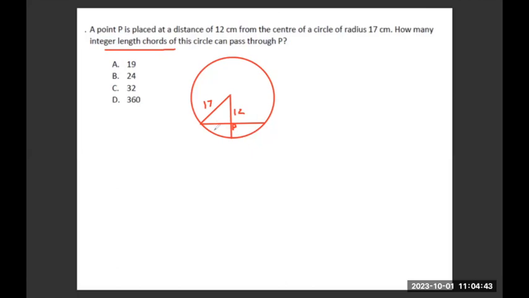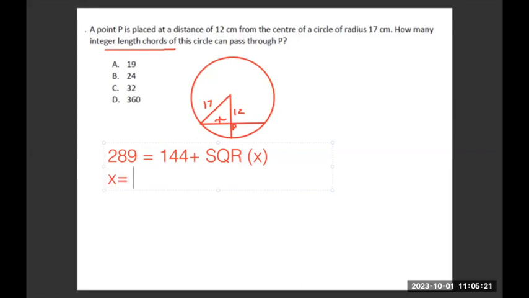Now, in this condition, if I were to find this dimension, say x, the bottom part x, which is the size of one chord passing through point P, how will I find it? Using Pythagoras theorem. So 17 square is 289, which will be equal to 12 square, 144, plus x square.